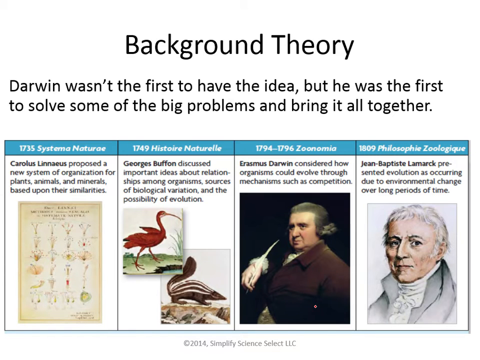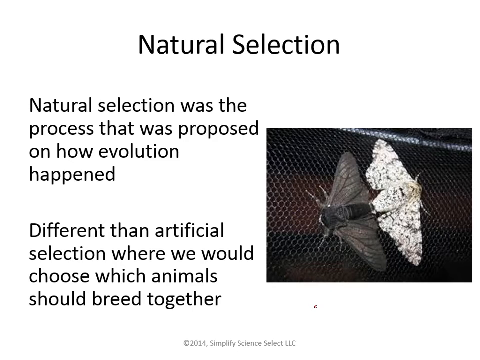And an important one, Jean-Baptiste Lamarck, he wrote on evolution as well. So what Darwin proposed was the mechanism of how it happened, and he called it natural selection, which is different than artificial selection.